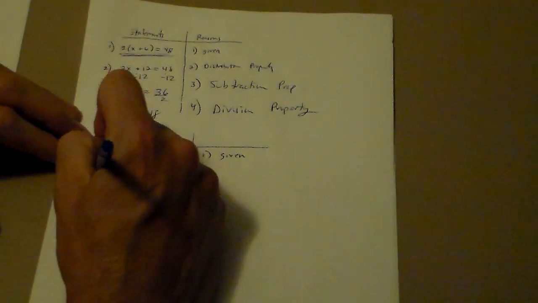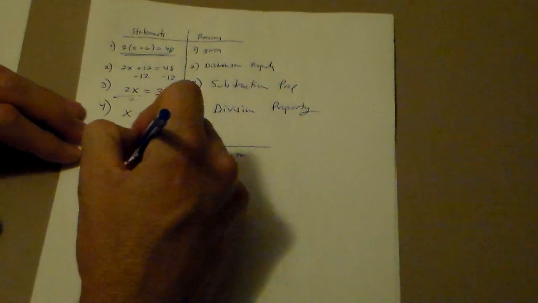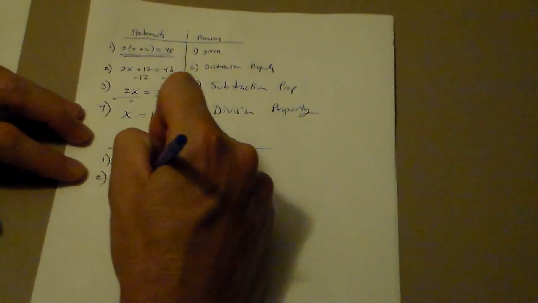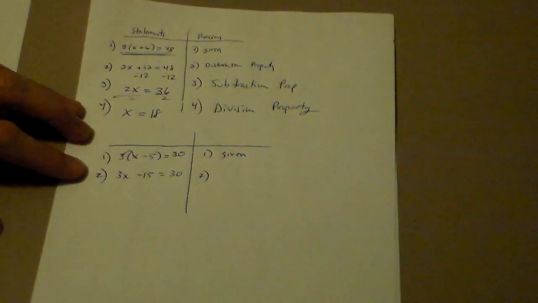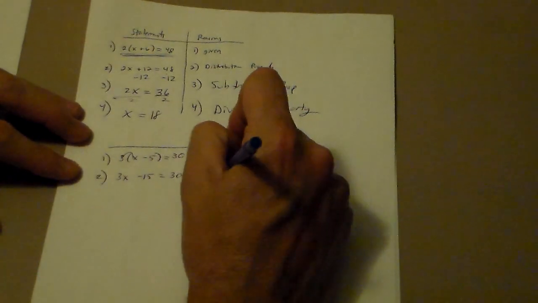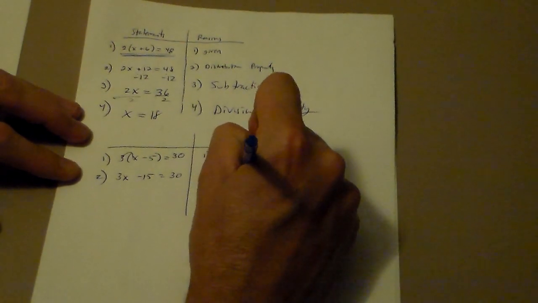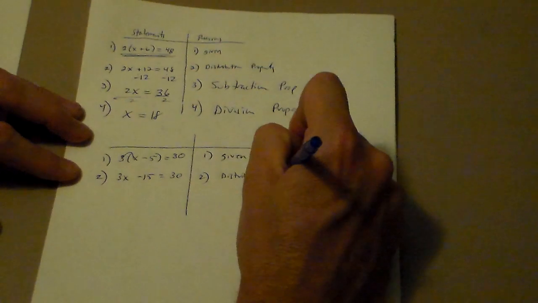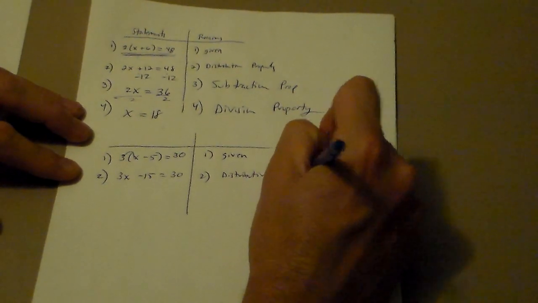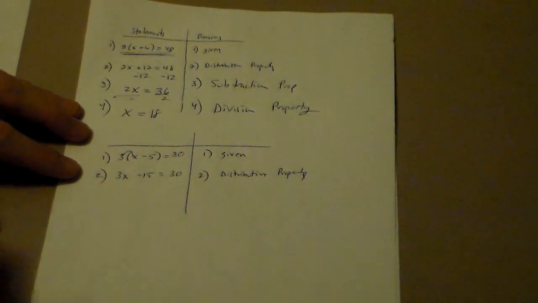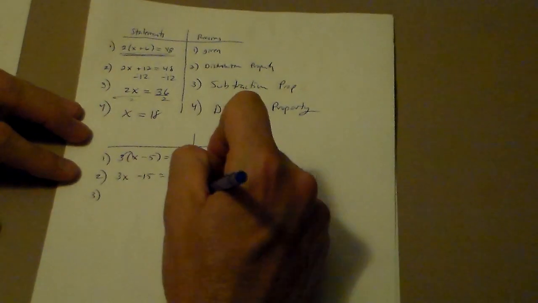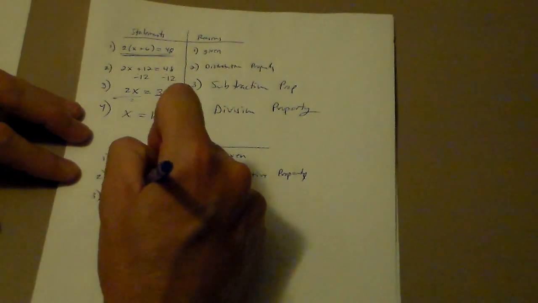So, number 2, we distribute, and that's going to be 3x minus 15 equals 30. What did I do? I used the distributive property. Step 3, I'm going to add 15 to both sides.